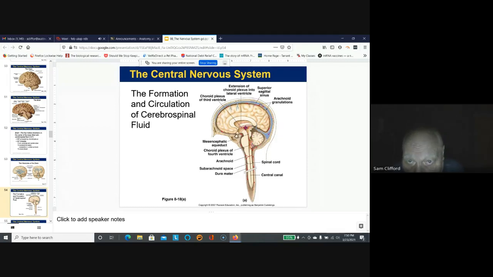So the choroid plexuses are where the cerebral spinal fluid is produced, and you have the fluid being moved down from the lateral ventricles and the third ventricle into the choroid plexus of the fourth ventricle.